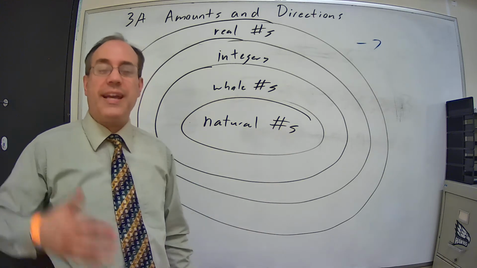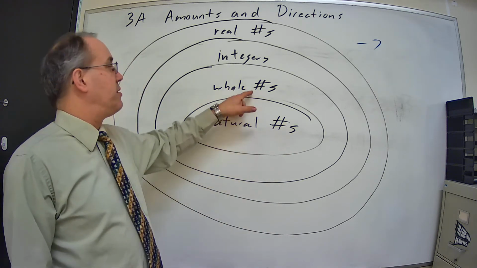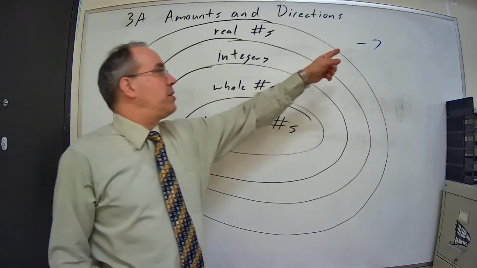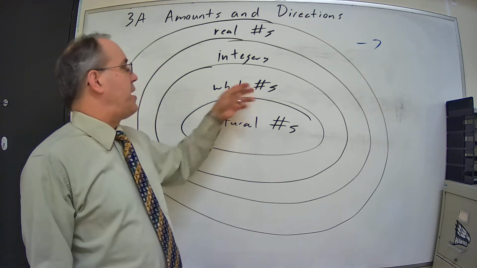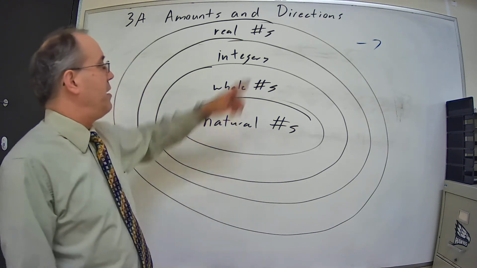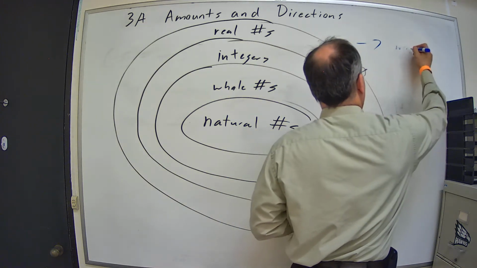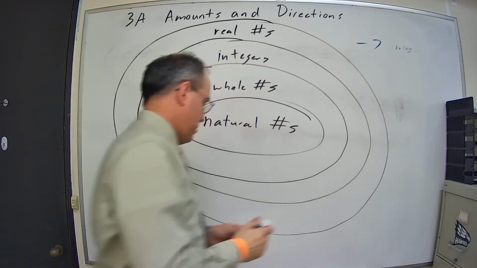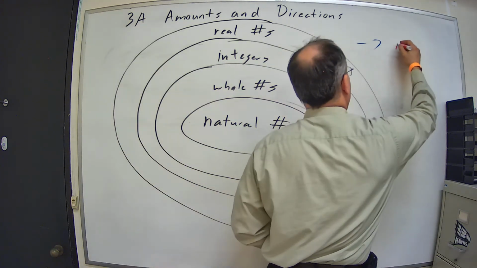The natural numbers are your counting numbers and they don't have signs. So nope, it's not natural. Is it a whole number? Well, it's got a negative and whole numbers are not negative. So it's not that. Integer, yep, it is an integer. So we'll say it is an integer.